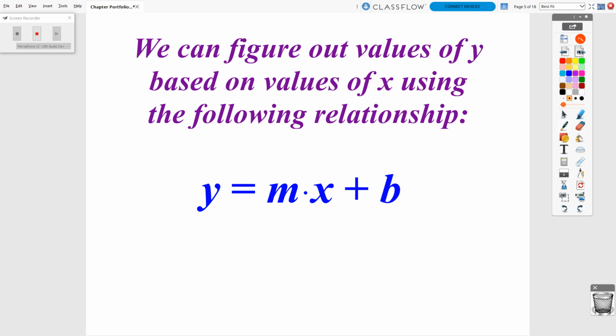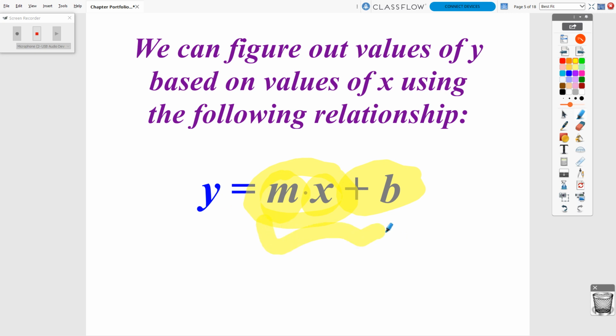And so we've got our good old y equals mx plus b. This was slope-intercept form of a line. The linear equation here really represents that relationship between x and y. What we would do is take our values of x and multiply them by m, which was the slope value. We would add b onto it, which was the y-intercept value, which I'll get into in a little bit.